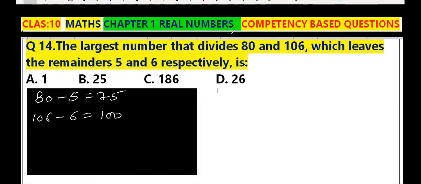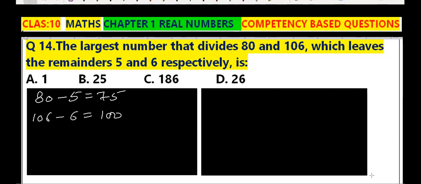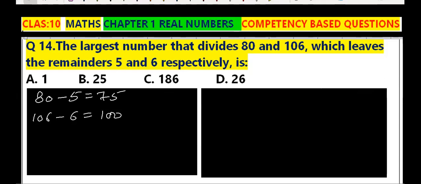So now you have to find out the HCF of the two numbers 75 and 100. So the HCF of 75 and 100 is 25. So the answer here is 25.